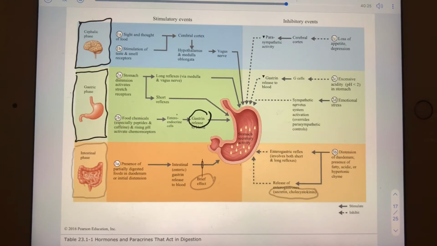The intestinal phase starts with a stimulatory period that's very brief, and then the rest of it is an inhibitory period that's longer, and that inhibitory period is driven by cell signaling from the small intestine. Primarily, those cell signals are secretin and cholecystokinin.